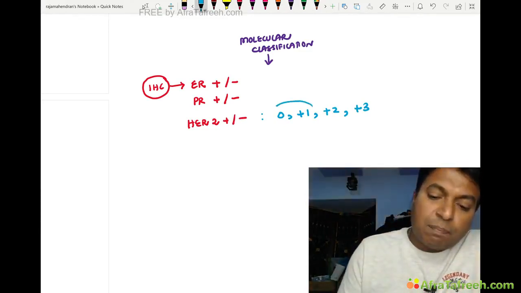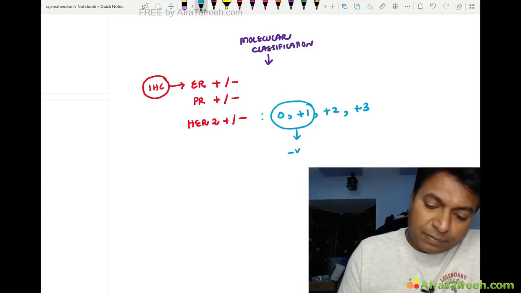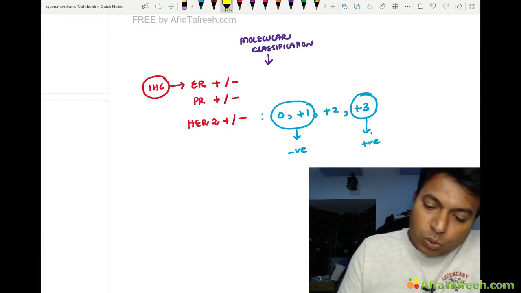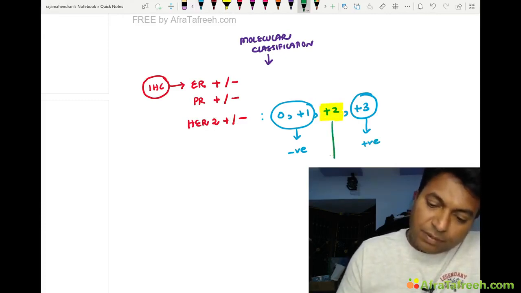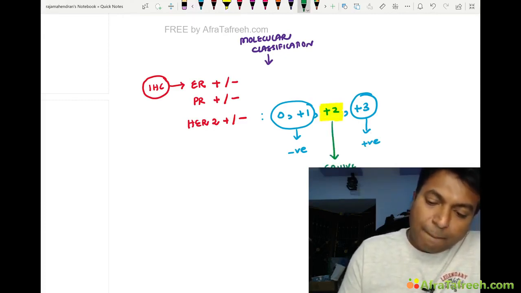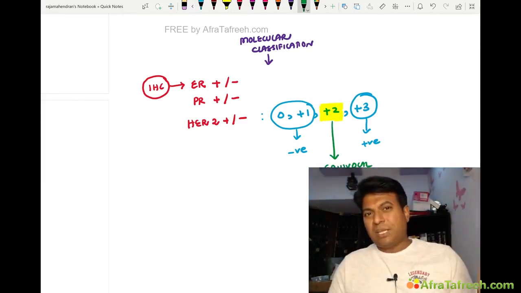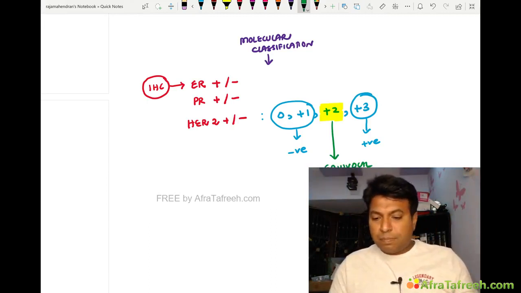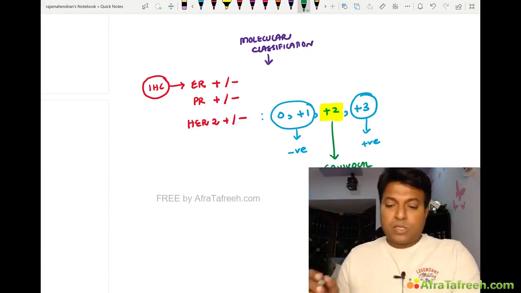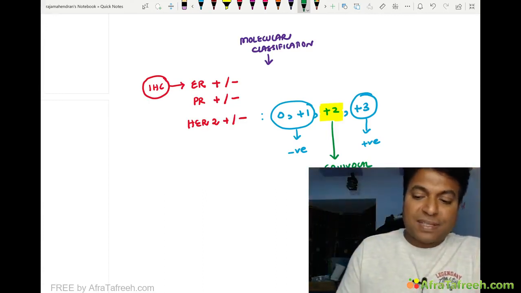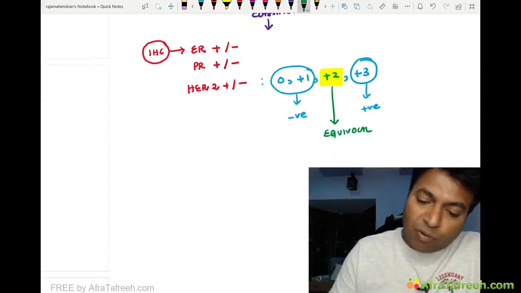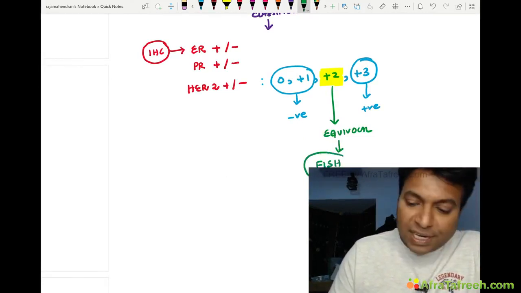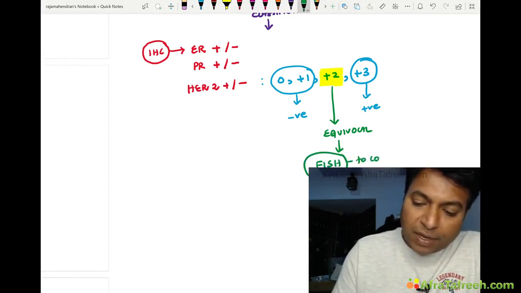We consider 0 and +1 as negative, +3 as positive, and +2 as equivocal. For +2 equivocal, I should do FISH, fluorescent in situ hybridization, to confirm HER2 status.